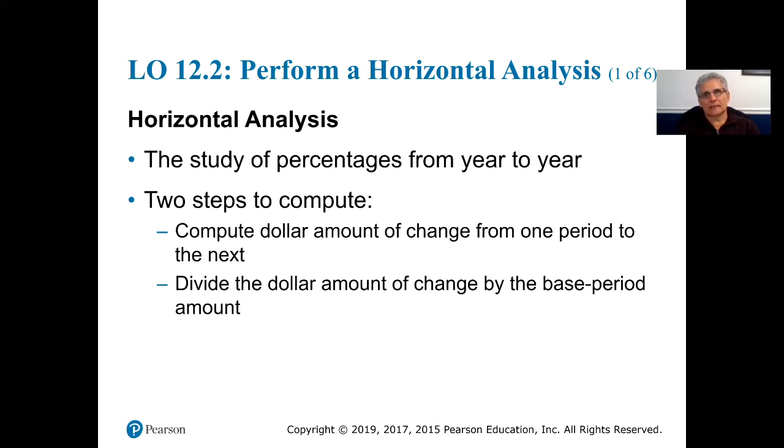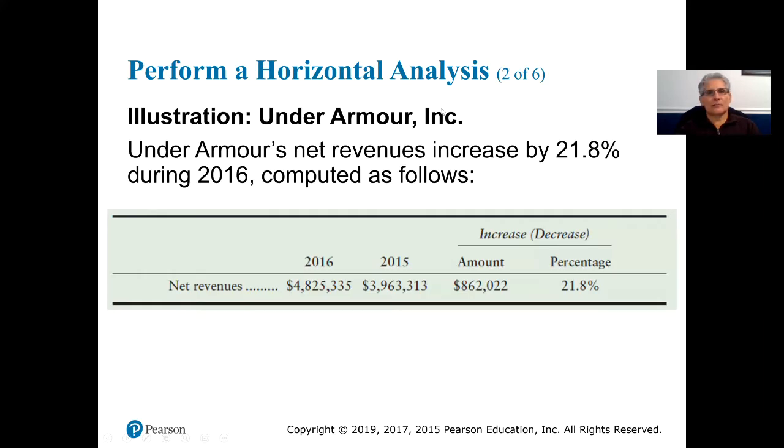that you're analyzing. So we can take a look at horizontal analysis, specifically looking at net revenues between 2015 and 2016. We're going to take the revenues for 2016 and subtract the revenues from 2015.